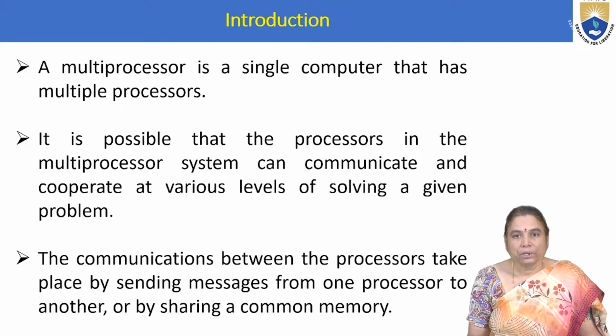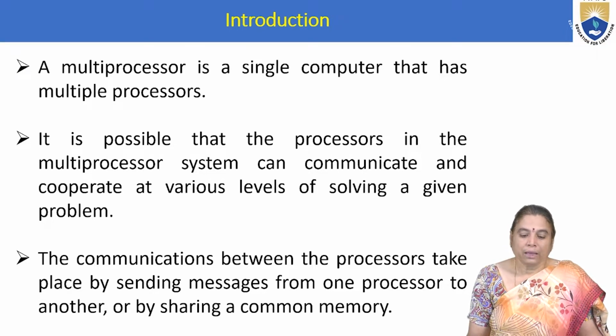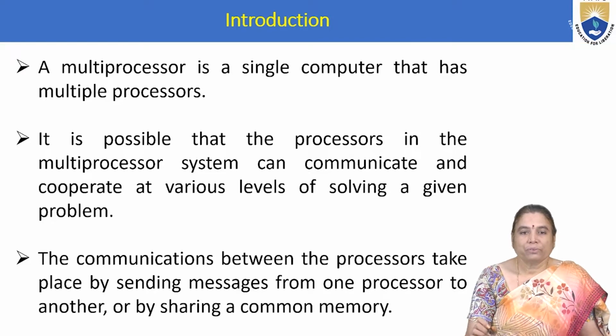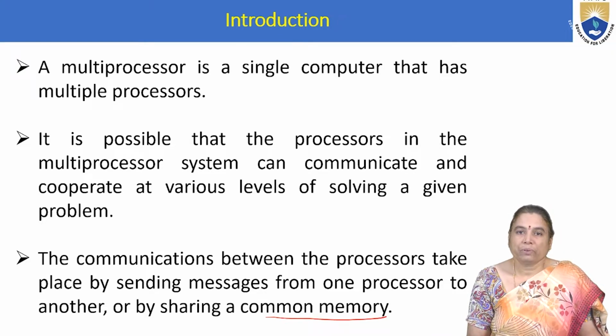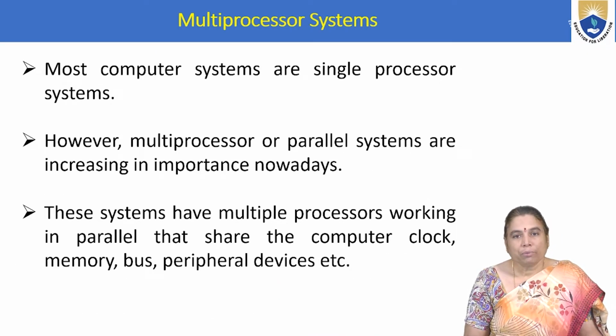The communication between these processors can take place by sending messages from one processor to another or by sharing a common memory. So two techniques are used between the processors to share common data: the message passing technique or the shared memory technique.